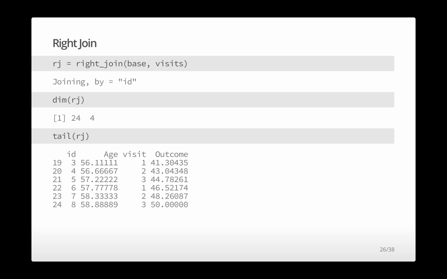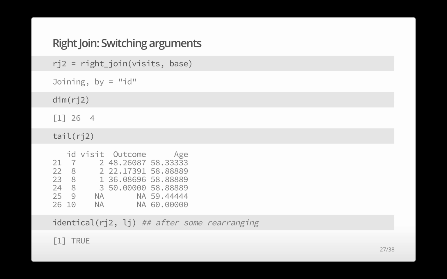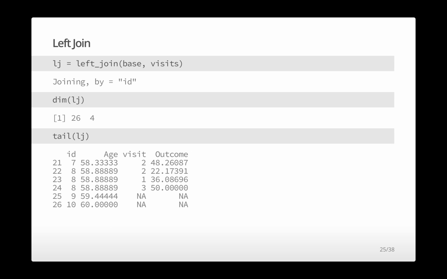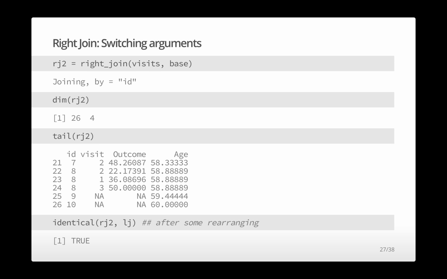So if we flip the arguments, right? I did a left join of base and visits. In Stata, base was my original data set. Visits was my using data set. If I flip the arguments and then did a right join, it's the exact same operation.